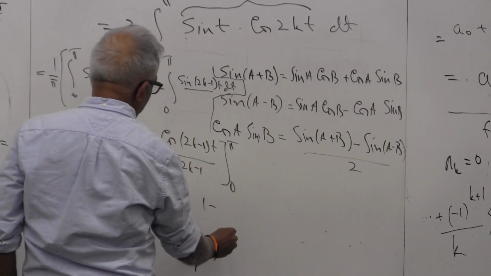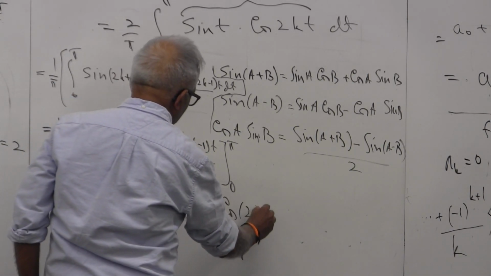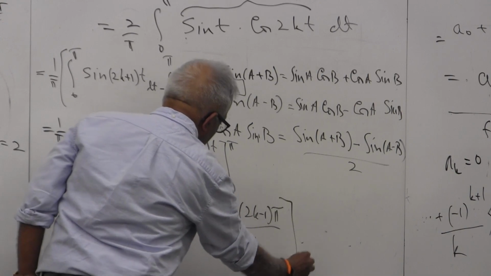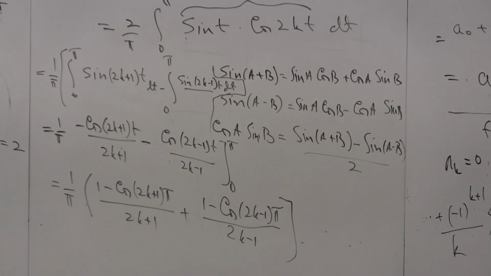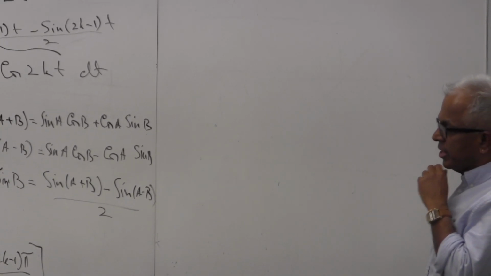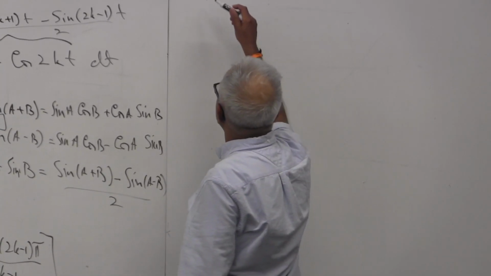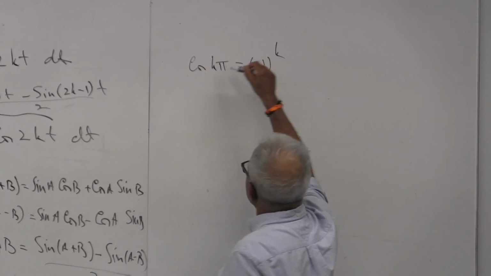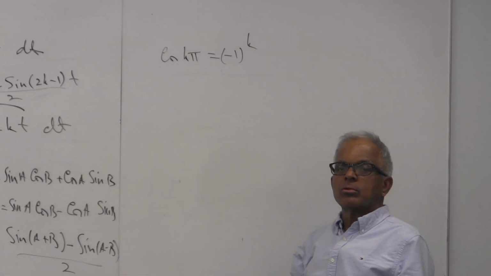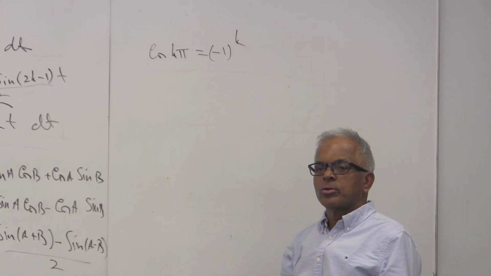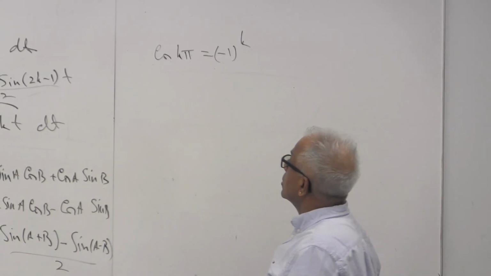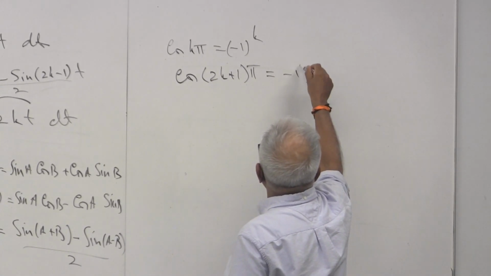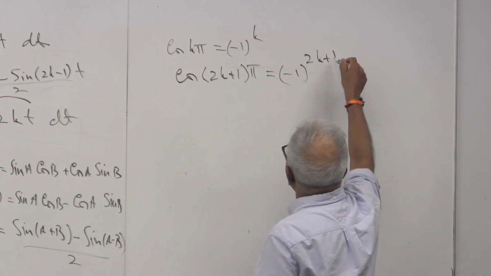So again, same thing here, 1 minus cos. We went through this, right? Cos k pi is minus 1 to the power k, because k equal to 0 you get 1, k equal to 1 you get minus 1, etc. So cos (2k plus 1)pi will be minus 1 to the power (2k plus 1).